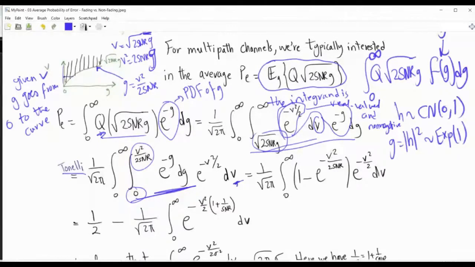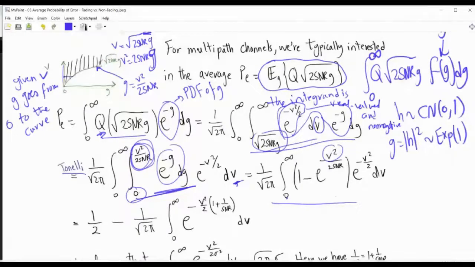Standard double integral stuff that you have done a lot, like in a course in probability. Now the integral is very manageable, because the integral of e to the minus g from 0 to something is 1 minus e to the minus that upper limit, where you replace g by the upper limit of integration. And then we are left with this integral here. You may say we get v squared here, but this is an easy integral because the limits of integration are from 0 to infinity.